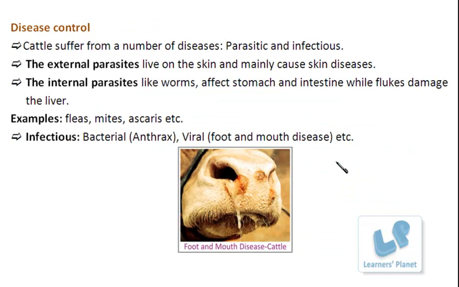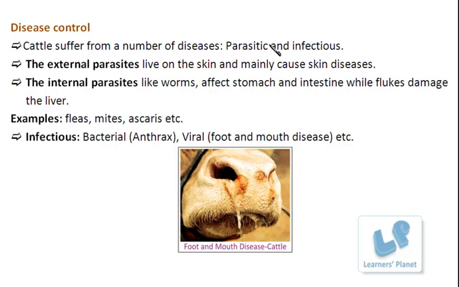To understand this point, first of all, I must say what different diseases are present in these cattle. I mean, how these cattle can suffer from different types of diseases. So generally, they are infected by different types of microbes, or even they can be affected by parasites.